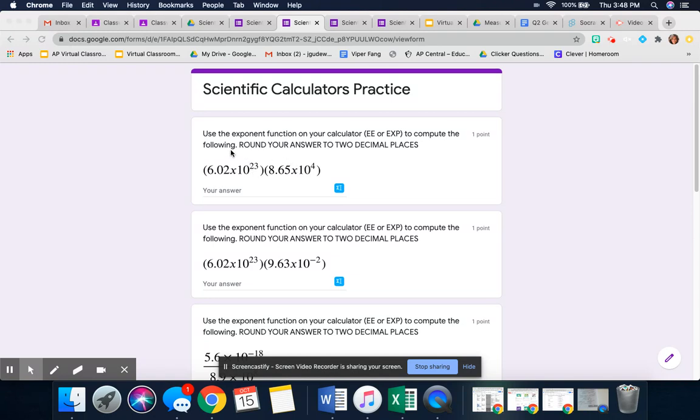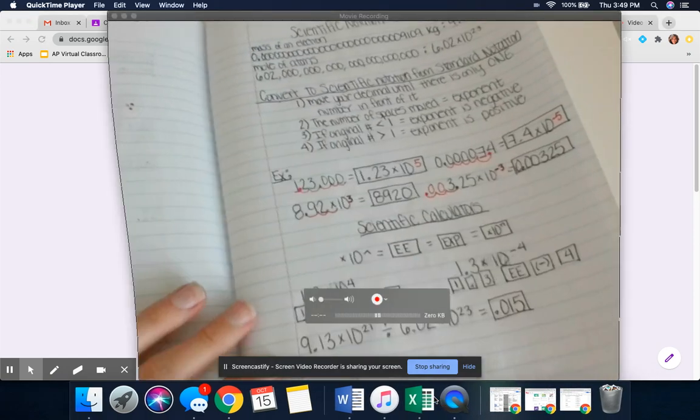Okay, what I want you guys to do for every single question is round your answer to 2 decimal places. So you're also practicing rounding. There's going to be lots of rounding in this class. If you struggle with rounding, remember that, and I can even add this into your notebook if it helps.